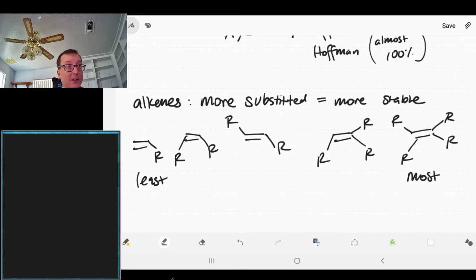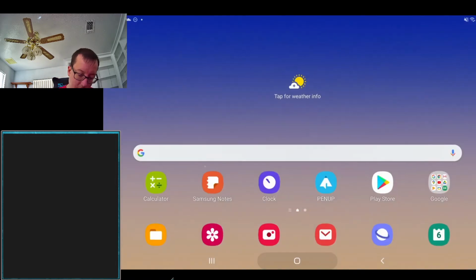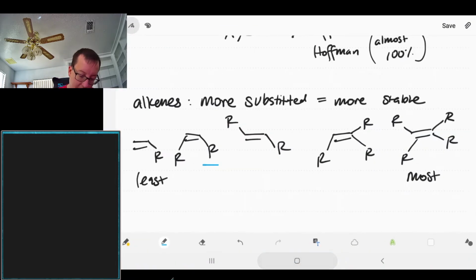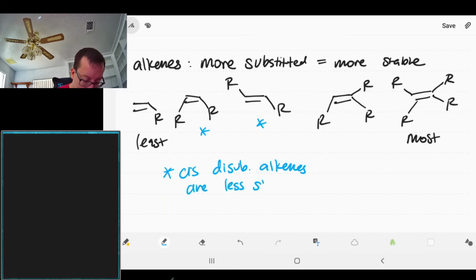Trans is typically more stable because you can have some steric bumping with cis alkenes. So just note here that cis alkenes, di-substituted alkenes, are less stable than trans ones.